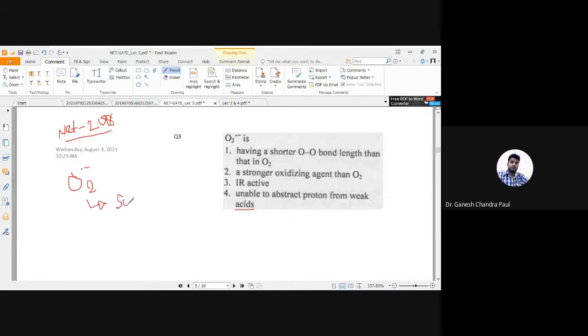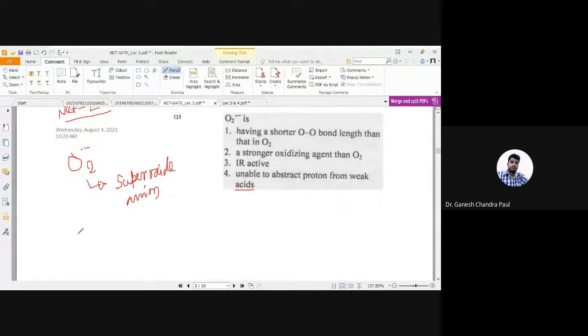Superoxide anion. Now, by applying the molecular orbital theory concept, first you have to find out the bond order. In case of dioxygen, what is the bond order?